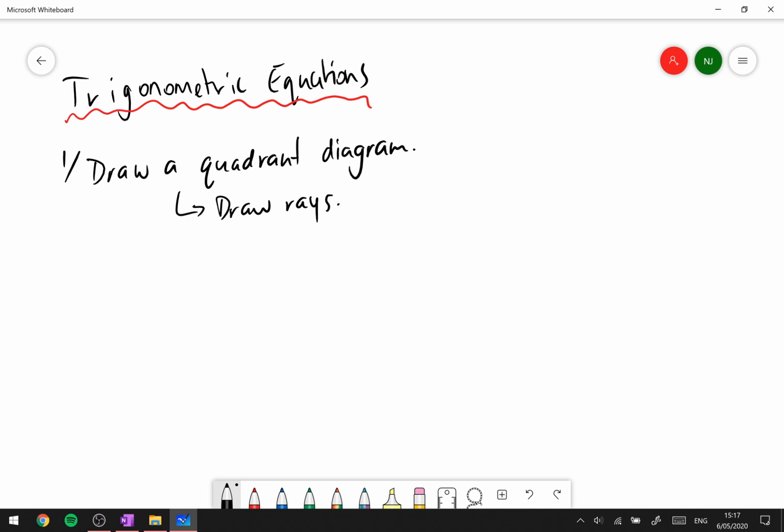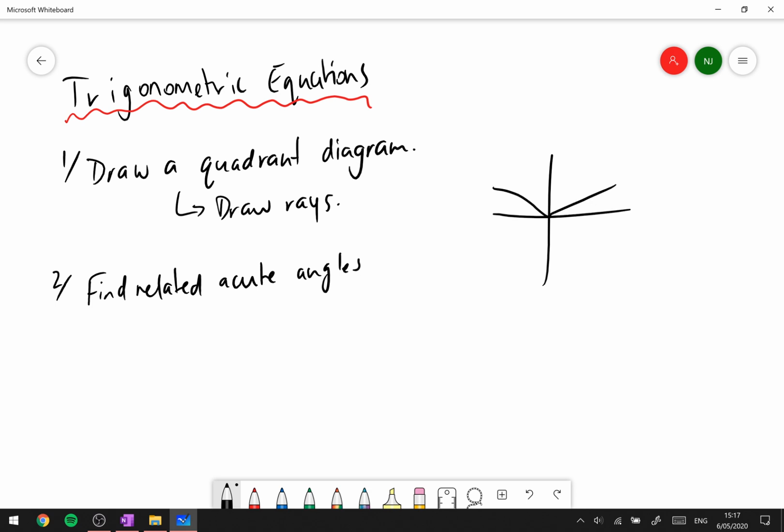Step 2 is find related acute angles. It makes it much easier if you've got that diagram. So if you're doing 30 degrees, I'm drawing in all my rays that it could be. So I know that's 30, that's 150, that's 210, and that's 330. Just keep in mind that drawing the rays is going to help you with that second step.